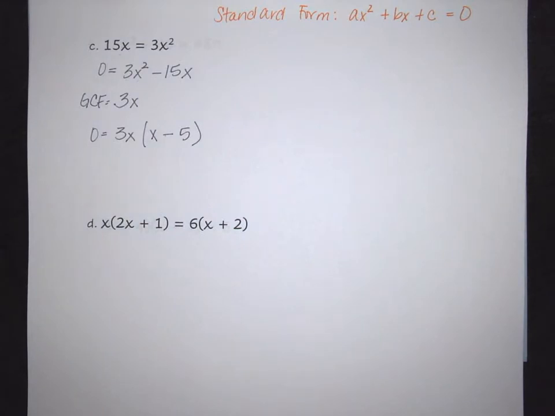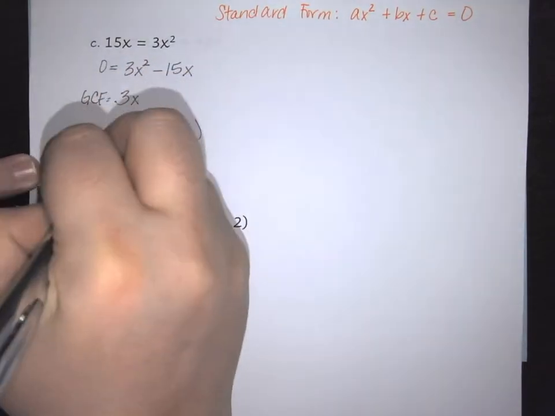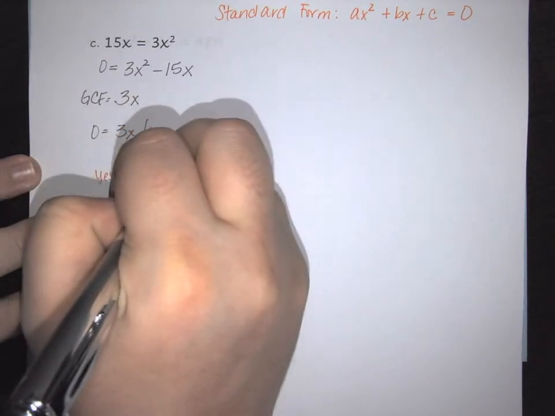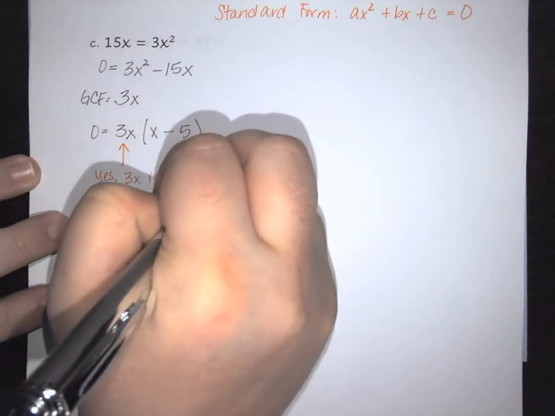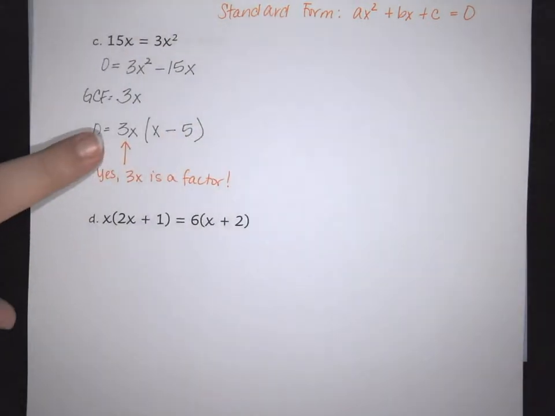Now, because we've factored by greatest common factor, the next thing you have to do is set each factor equal to 0. Now, here's the important thing to remember, is that yes, 3x is a factor, and the reason for that is because of the x term.